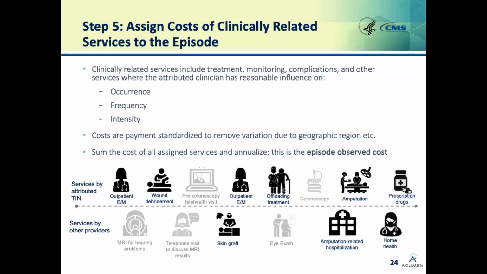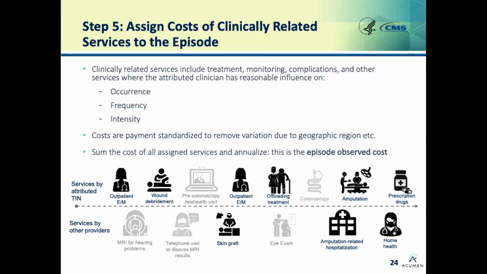And so in this example, the diagram shows the services that a patient receives. Above the line are services by the attributed TIN, and below the line are services from other providers. The services that are in black are included in the measure, and then the services that are in gray reflect care for services that are not clinically related to non-pressure ulcers.